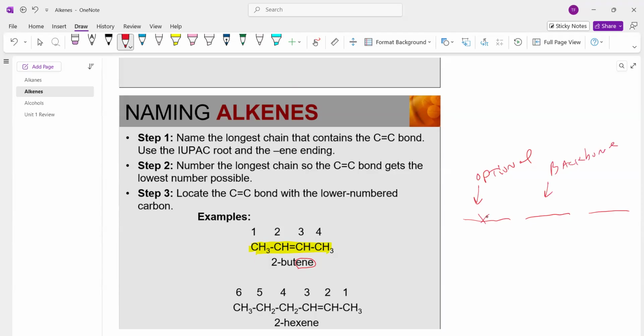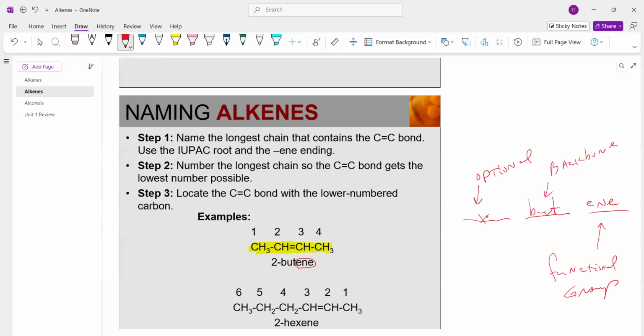And then this is the functional group. Okay, so in this case, we have a 4 backbone, which is a buta. And the functional group is an alkene.